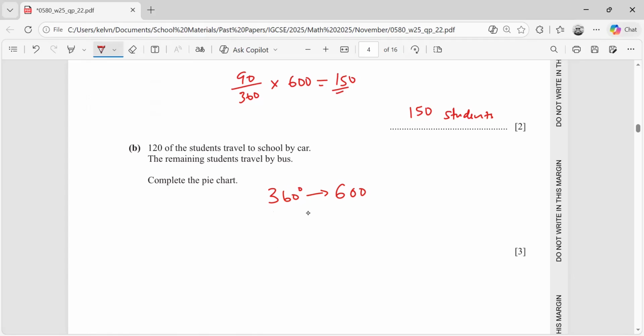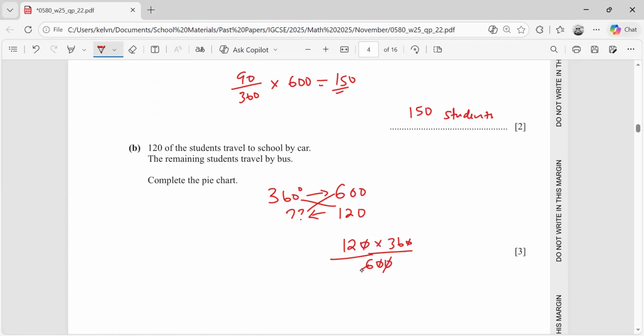And we want to figure out what degree represents 120 students. So we can basically do a cross multiplication again. That's 120 times 360 over 600.